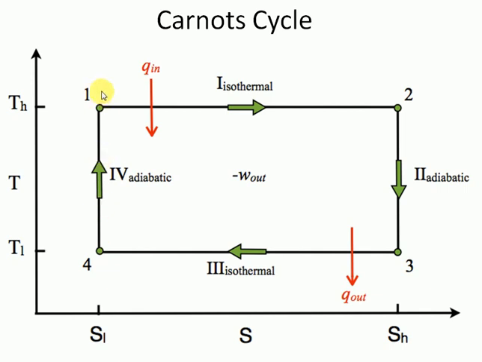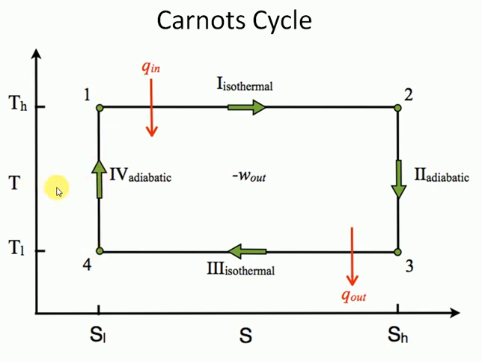Process 4 to 1 is the constant entropy process. It is also called a reversible adiabatic process or isentropic process. In the process 4 to 1, again the temperature increases. That means temperature increases and entropy remains constant.